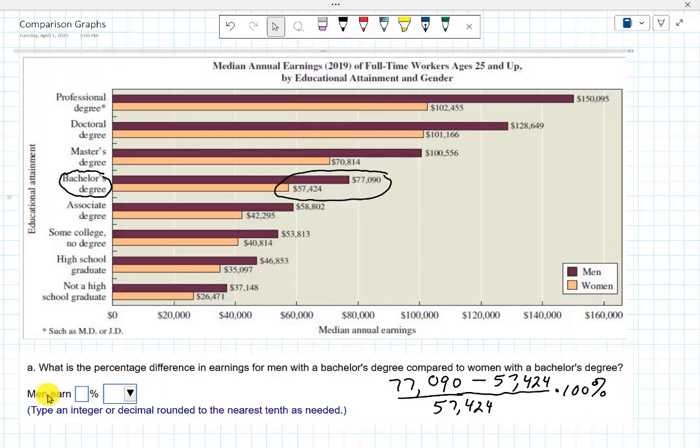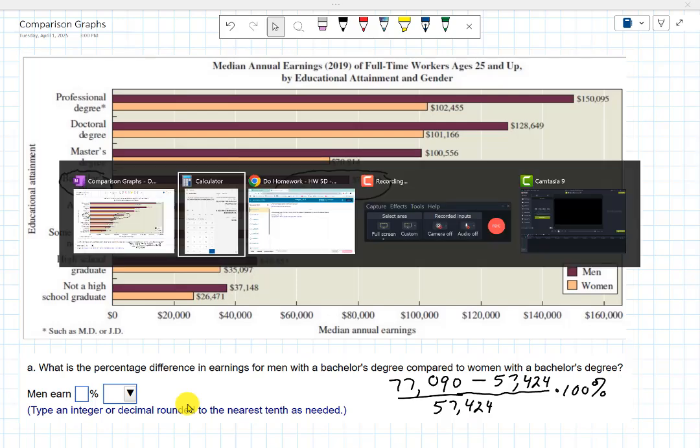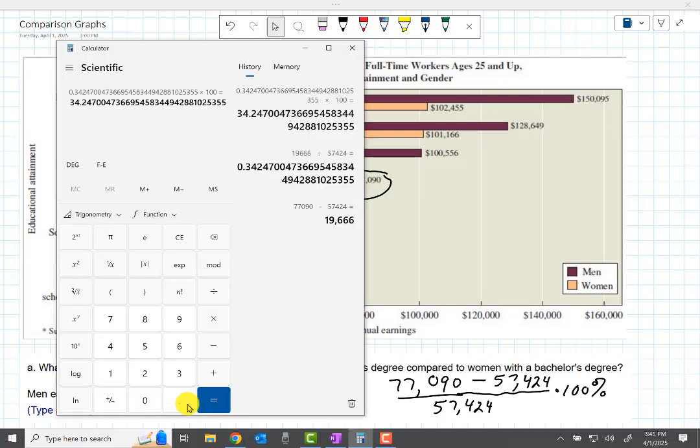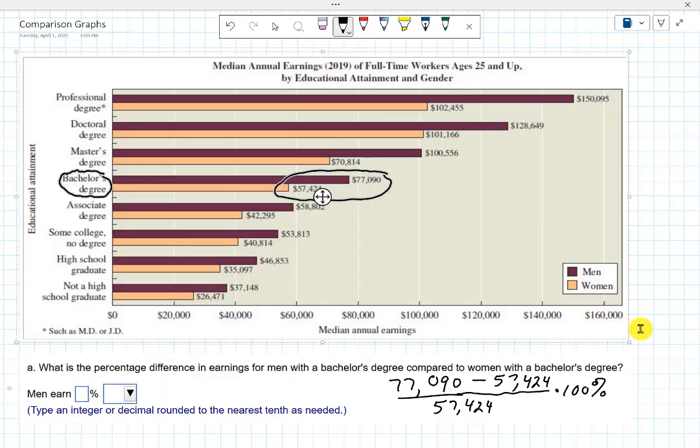Let me see what it asks here. It says 1 decimal. So it was 0.25. To 1 decimal is 34.2. So we'll have 34.2% more than women.